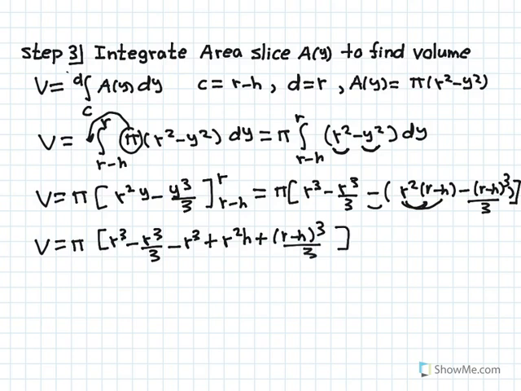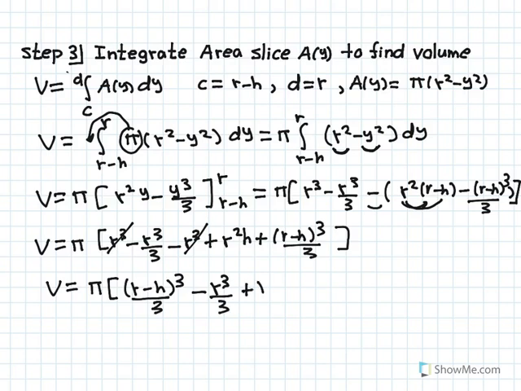The only simplification we can do is r cubed minus r cubed, that's gone. Now we want to simplify more to get a neater answer. So we get pi times r minus h cubed divided by 3 minus r cubed divided by 3 plus r squared h.